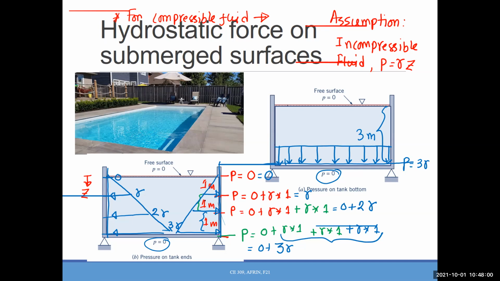Okay. Here we don't have any variable except gamma. And gamma doesn't change with temperature for incompressible fluid. That's what we did here. But for the compressible fluid, we can have different type of pressure profile.